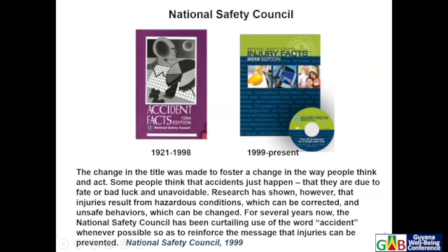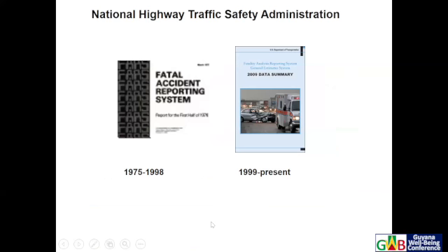For several years now, the National Safety Council has been curtailing use of the word accident whenever possible, so as to reinforce the message that injuries can be prevented. So in the past 22 years, the annual publication of the National Safety Council has been called Injury Facts. And I thought this explanation is very clear and very insightful.